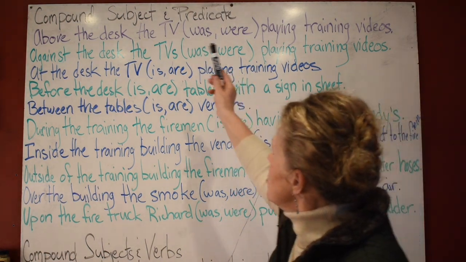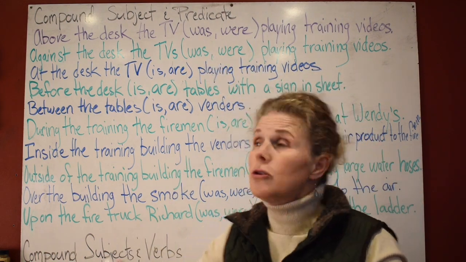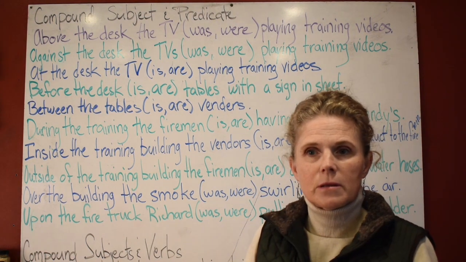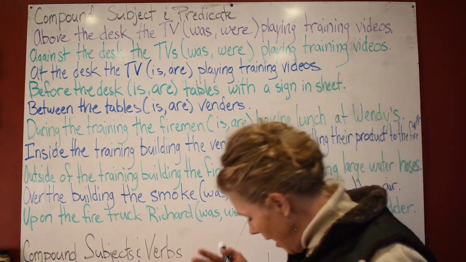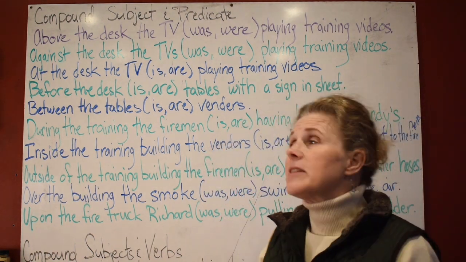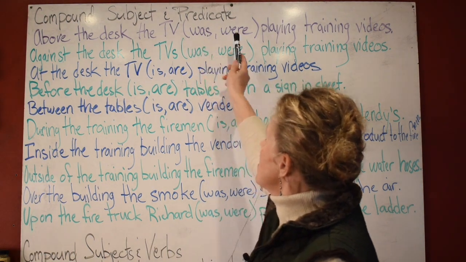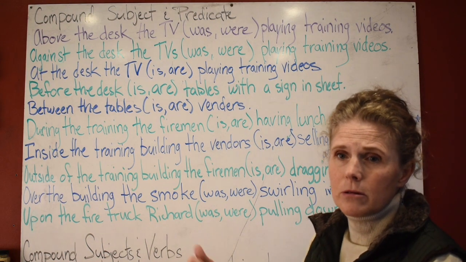Yeah. So we know what the verb is. So your very first thing you need to do, now that you see the verb, what do you need to look for? The subject. Yeah, which is TV. You have to look for your subject. And then you need to decide, is it singular or plural? Okay, so is TV singular or plural?